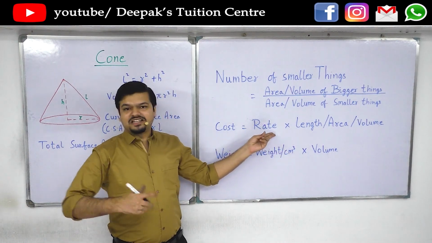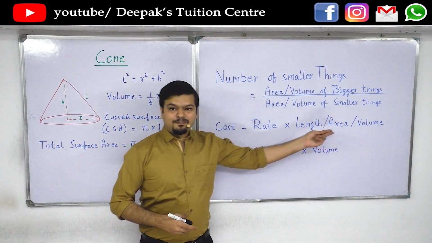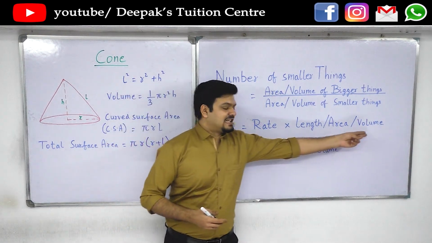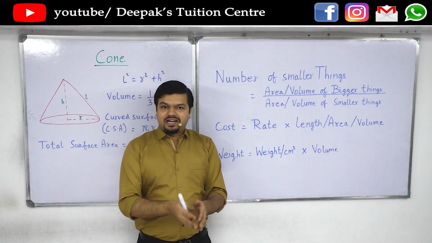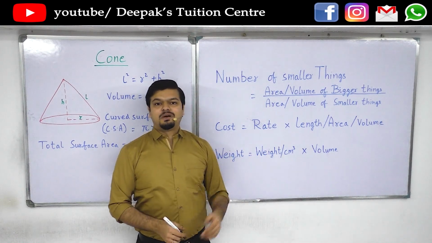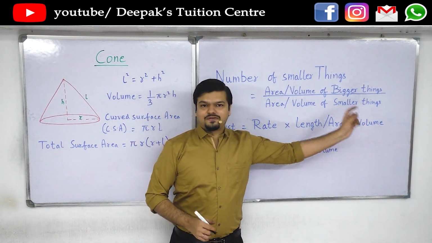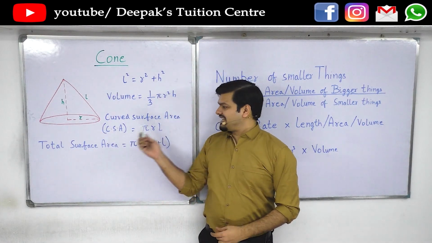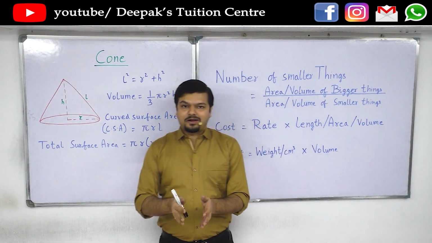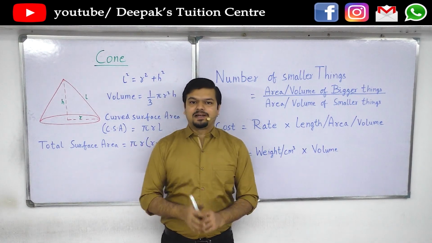If it is per meter square, then you have to calculate area, and if it is per meter cube, then you have to calculate volume. So depending on the unit, if it's unit square or unit cube, you use the formula accordingly. Now you have to use your own judgment whether to calculate CSA or TSA. That would require reading the question properly.